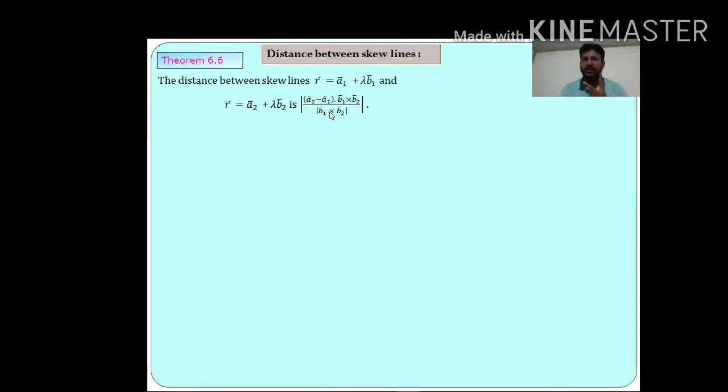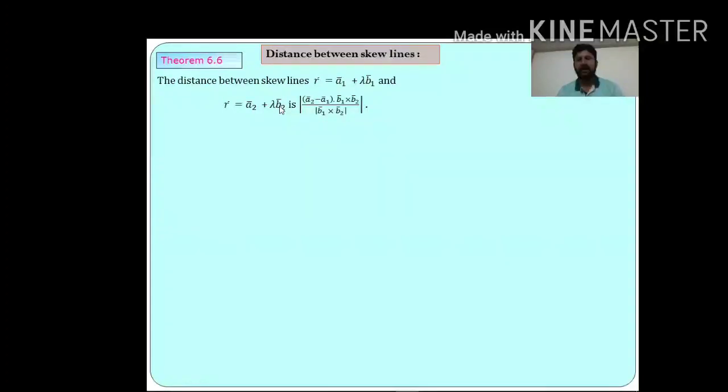You have been given two lines. The first line, r bar equals A1 bar plus lambda times B1 bar, passes through A1 bar and is parallel to B1 bar. The second line, r bar equals A2 bar plus lambda times B2 bar, passes through A2 bar and is parallel to B2 bar. Then this is the formula for the distance between those skew lines.